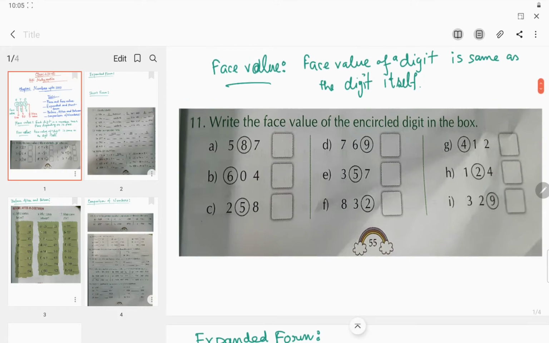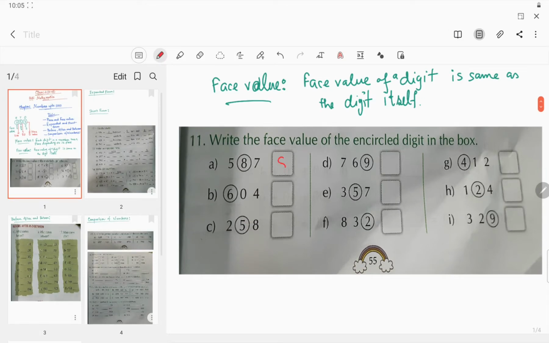The digit itself, that means 8. What is the face value of 6? It's the digit itself, 6. Similarly, it would be 5, 9, 5, 2, 4, 2, 9. Clear?